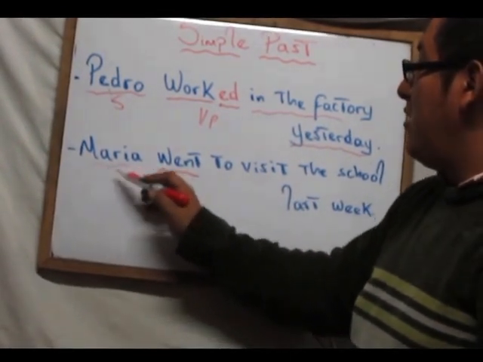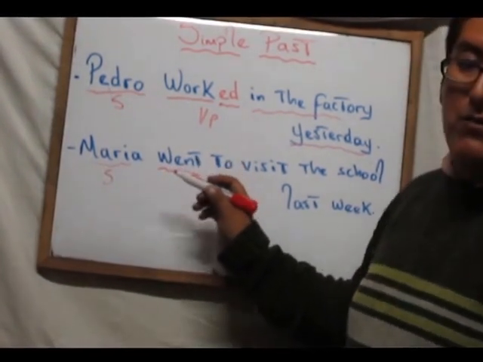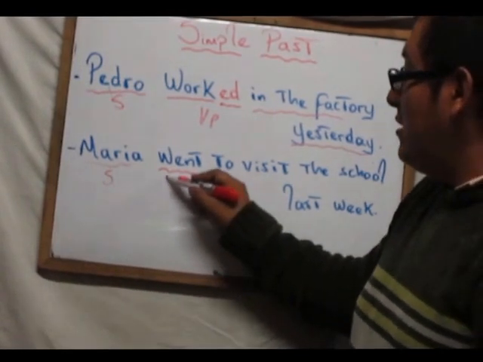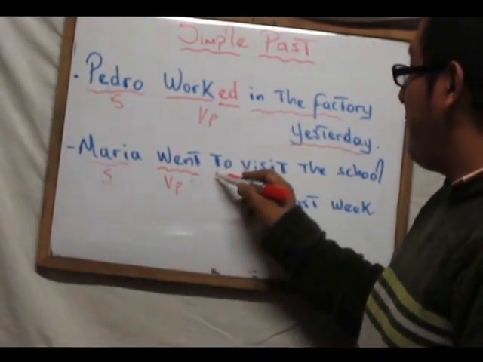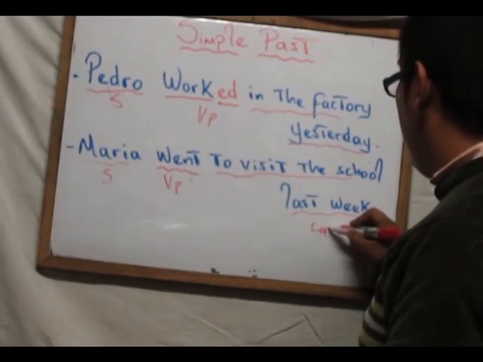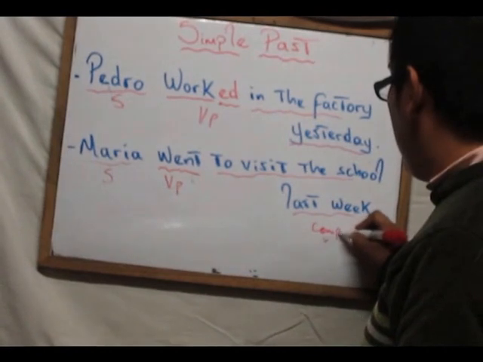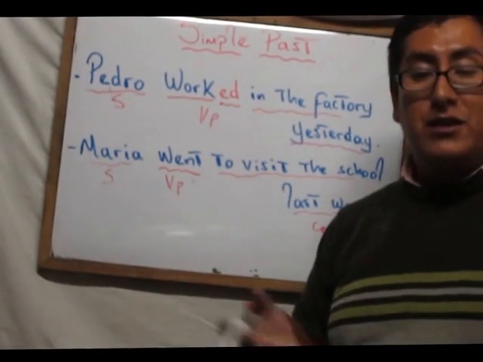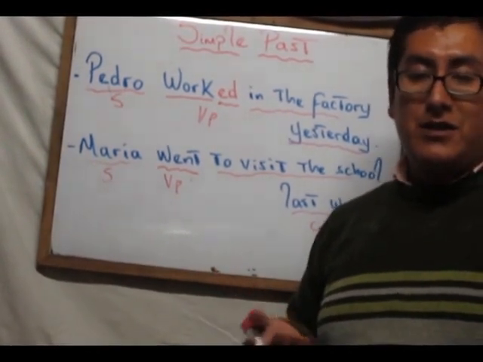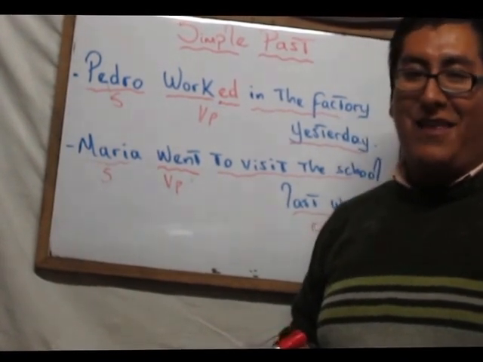Maria, subject, the principal verb in the past, went, and the complement. And this is the simple past. Easy, right? Okay, thank you very much.